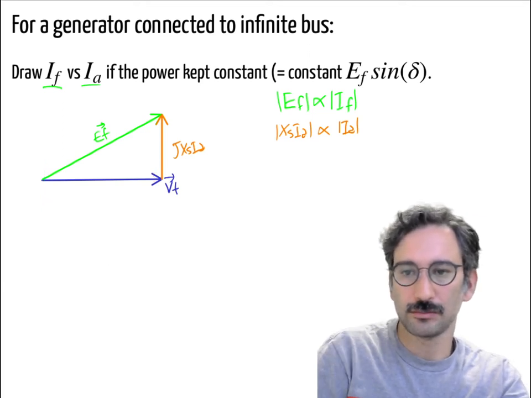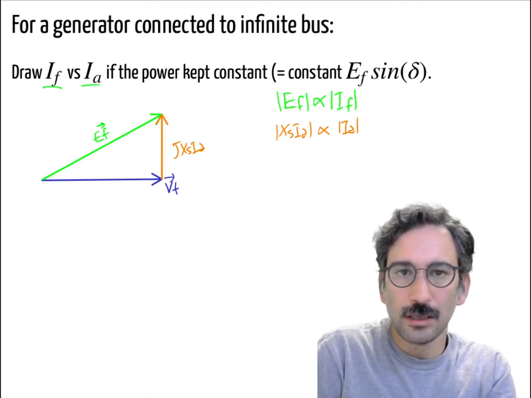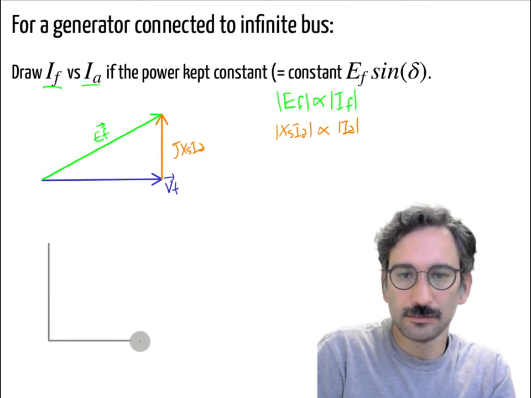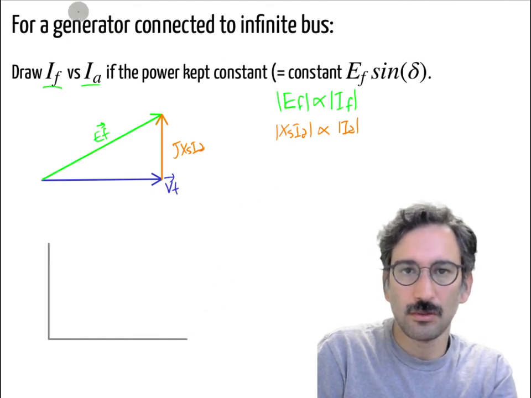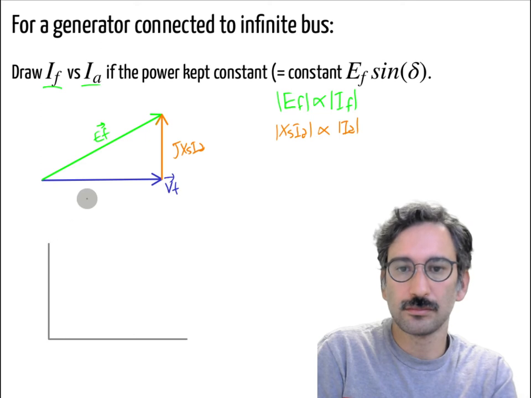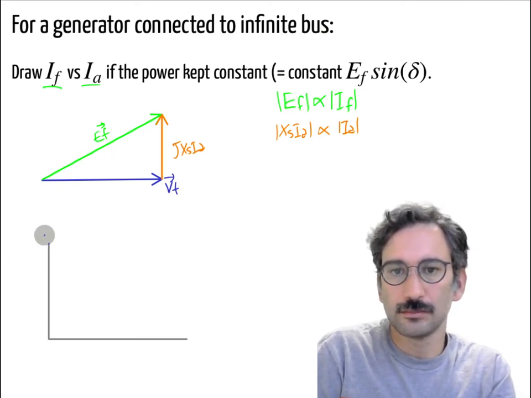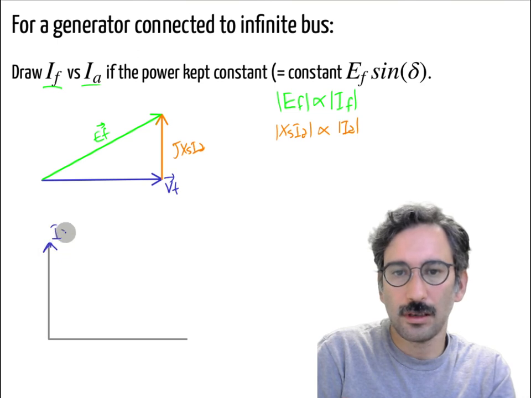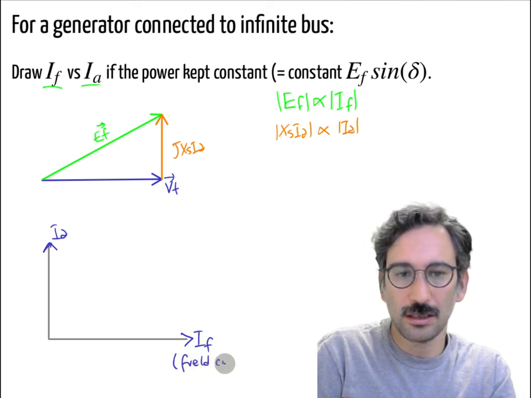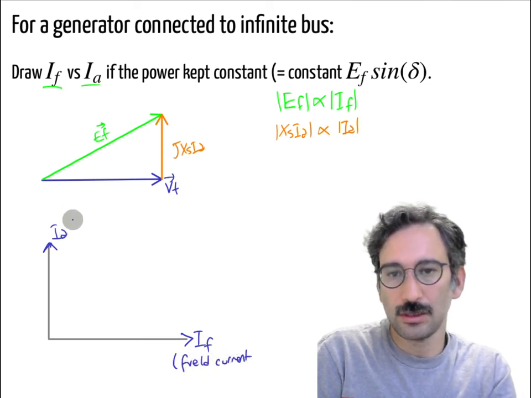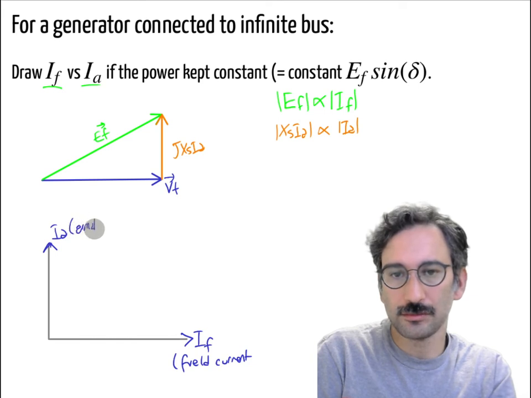Sorry. Let me try to draw the coordinate system. What I would like to draw is IA armature current versus IF. So this is field current, and this is the armature current.